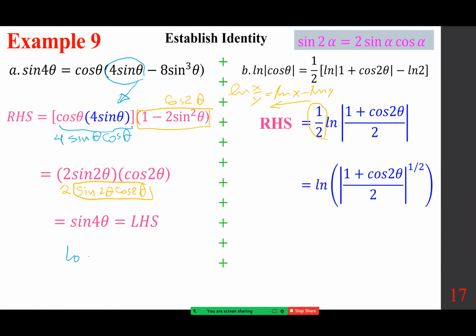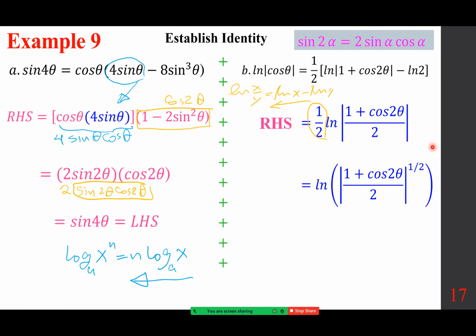If we have a log of x to the power of n, it becomes n log x. Let's say the base is a. We are going this way now. That's what this is. n becomes a coefficient. If it's a coefficient, you can make it the exponent. So 1 plus cosine 2 theta divided by 2 to the power of 1/2.